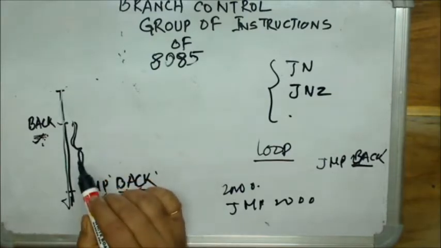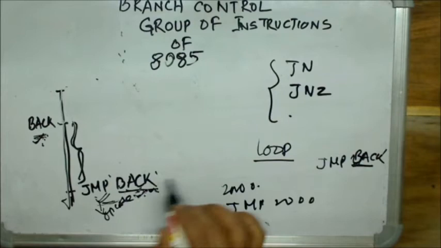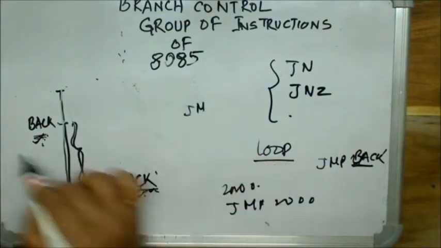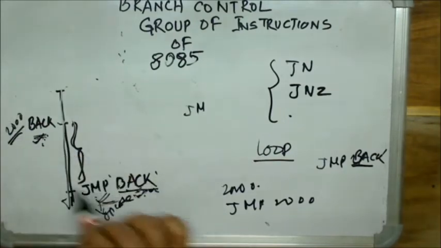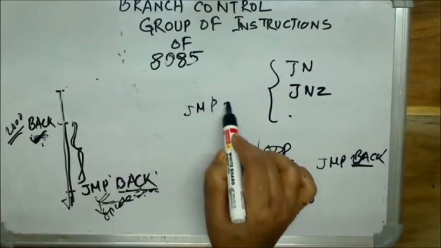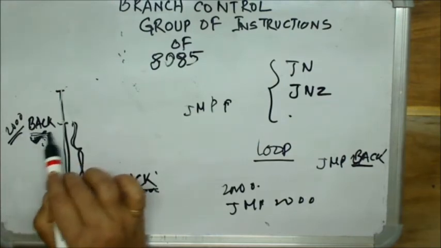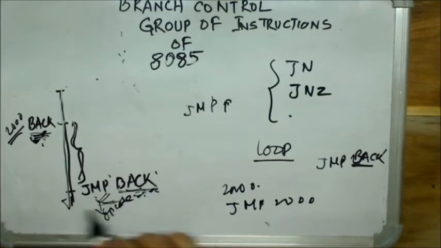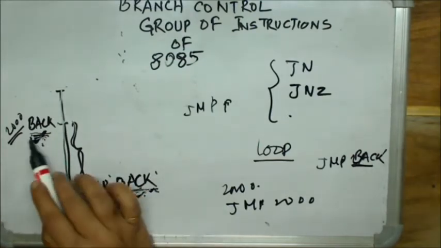Again I am repeating: suppose you want to jump to memory location 2008. On paper you will be writing jump back, because I have given the name back to memory location 2008. Jump back means you want to go to memory location 2008.